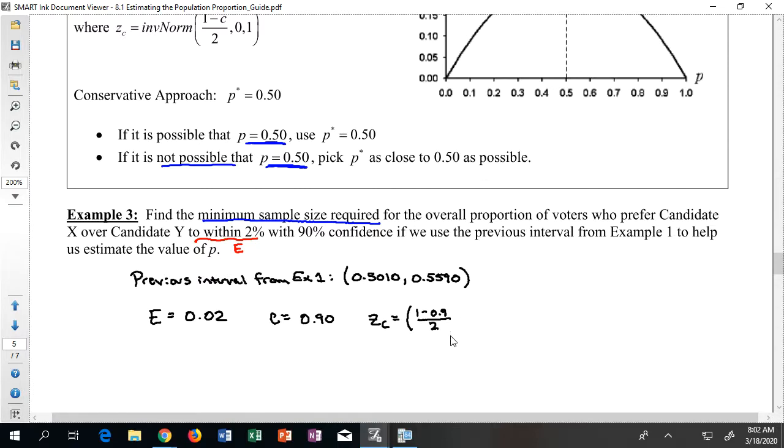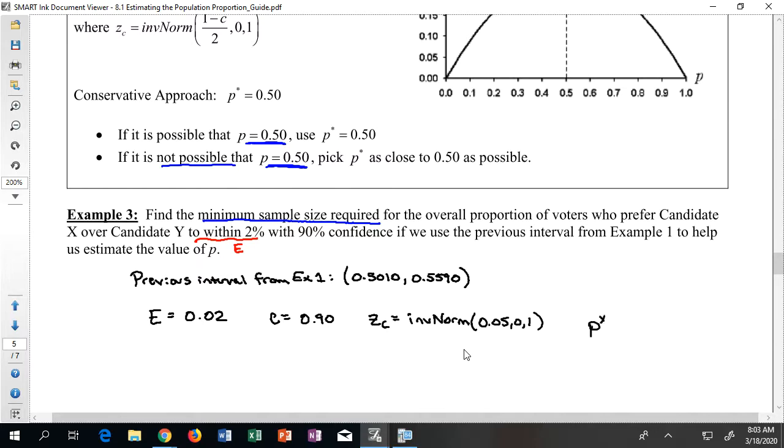And 10% chopped in half is a grand total of 5%. Okay, so, oops, I forgot my inverse norm on there. Inverse norm, 0.05, 0, 1. Okay. And I can go to the calculator to crunch that, but I'm going to hold off.